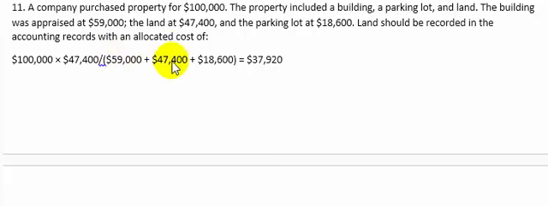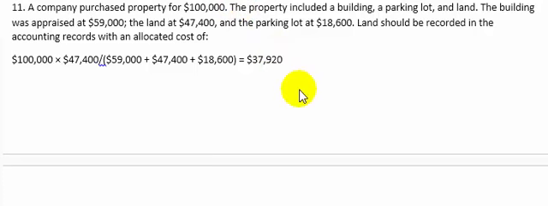You add all those appraised values up and divide that into the appraised value of the land, which is 47.4. This gives you a fraction, which you multiply by the $100,000 cost, which means you're going to allocate $37,920 of that $100,000 to the land.